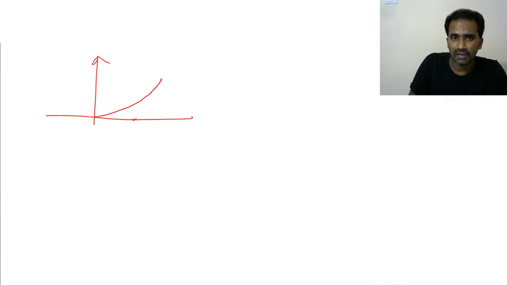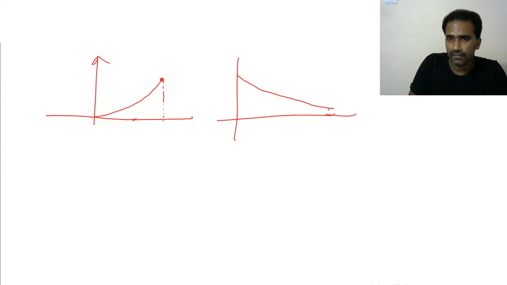If there is an increasing parabolic graph or a decreasing parabolic graph like this, something like y equal to x square kind of graph, or in terms of t, some x of t equal to at square plus b kind of graph.